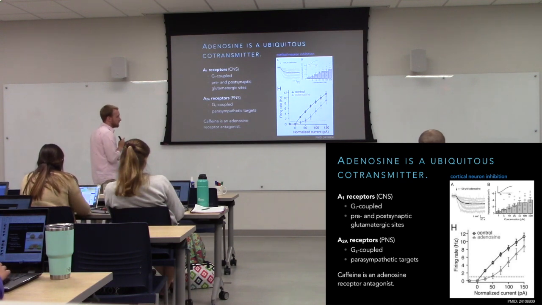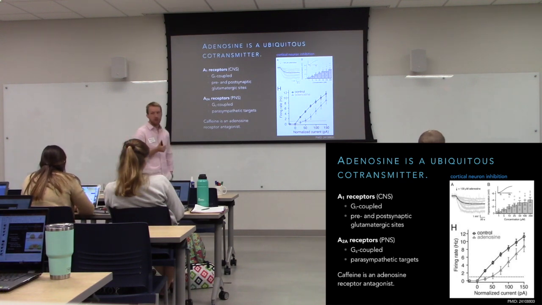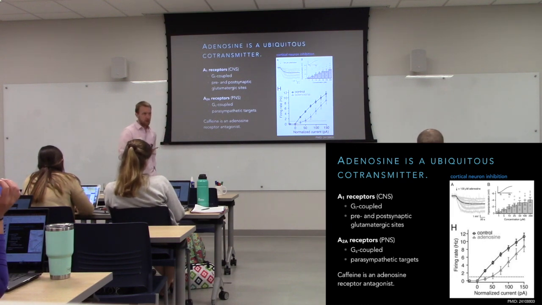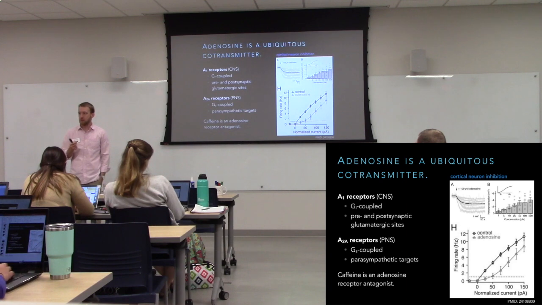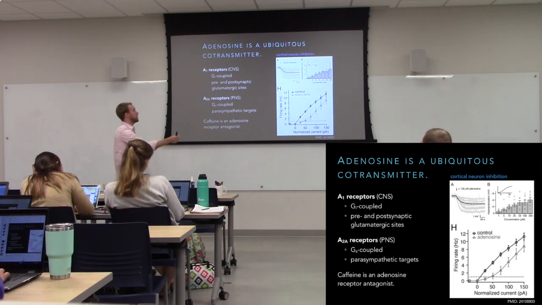Adenosine is a transmitter that's released from neurons as well as glia, and it's often co-released with neurotransmitters. So you don't find exclusively adenosine synapses. You'll find it released along with other neurotransmitters. So it's a co-transmitter.